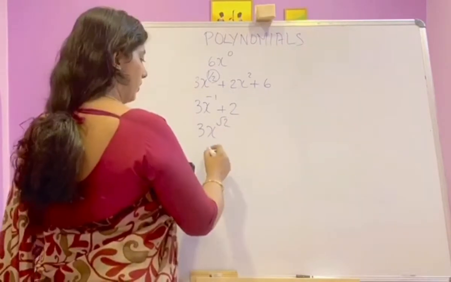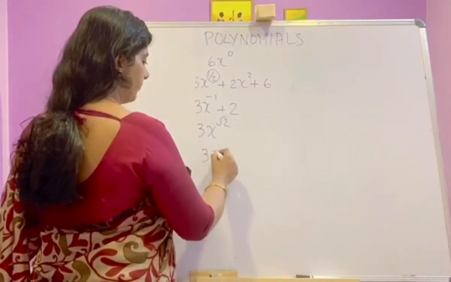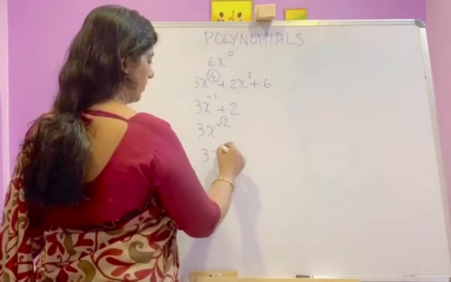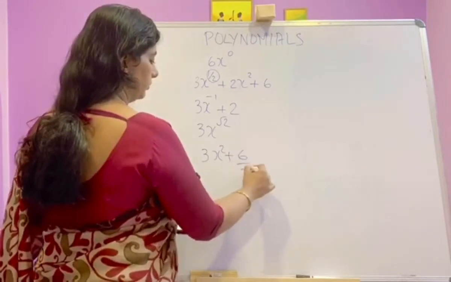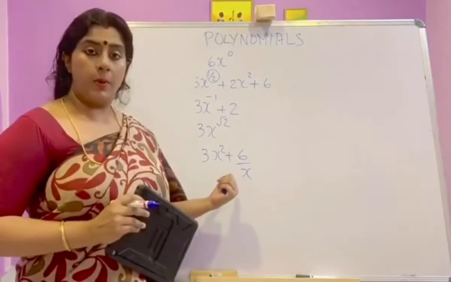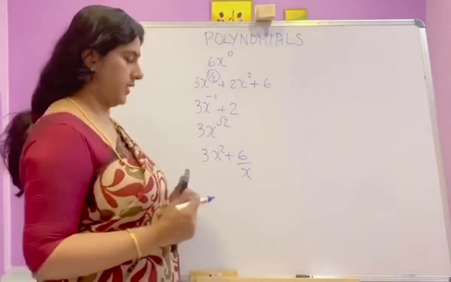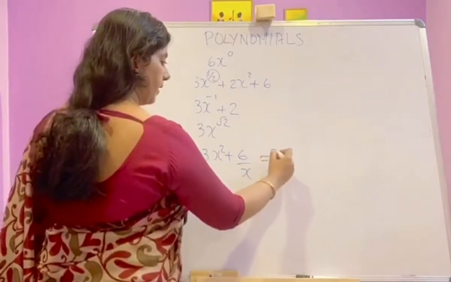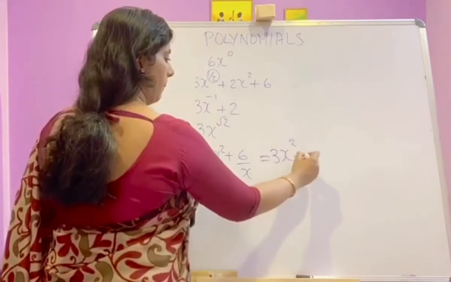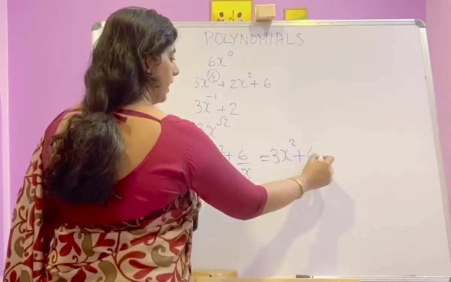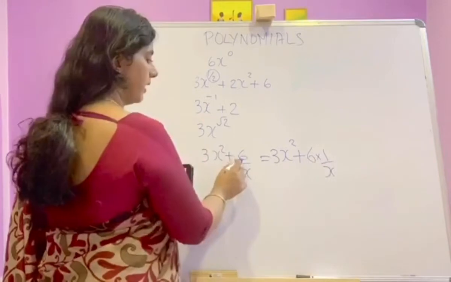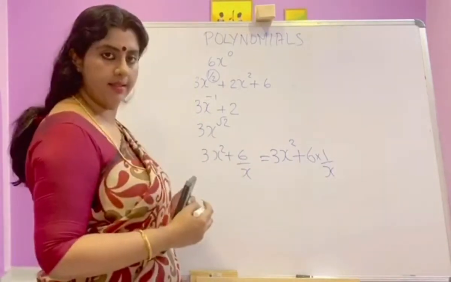Now what about this? This is not a polynomial because this means 3x square plus 6 into 1 by x. That is here written as 6 by x.